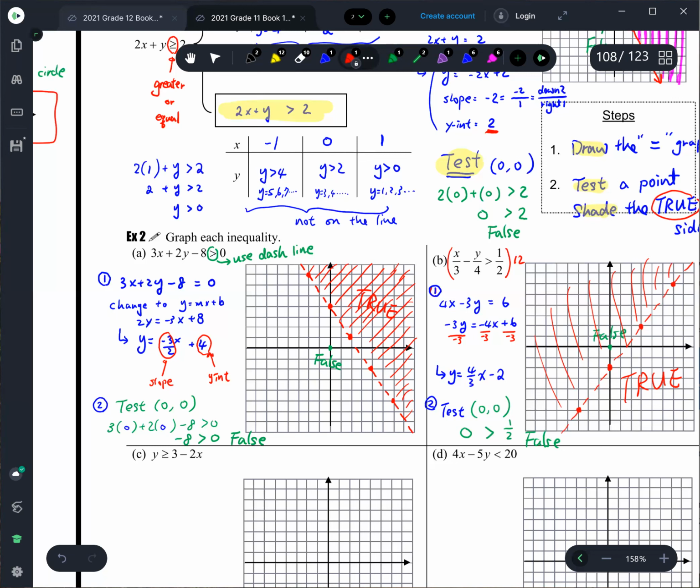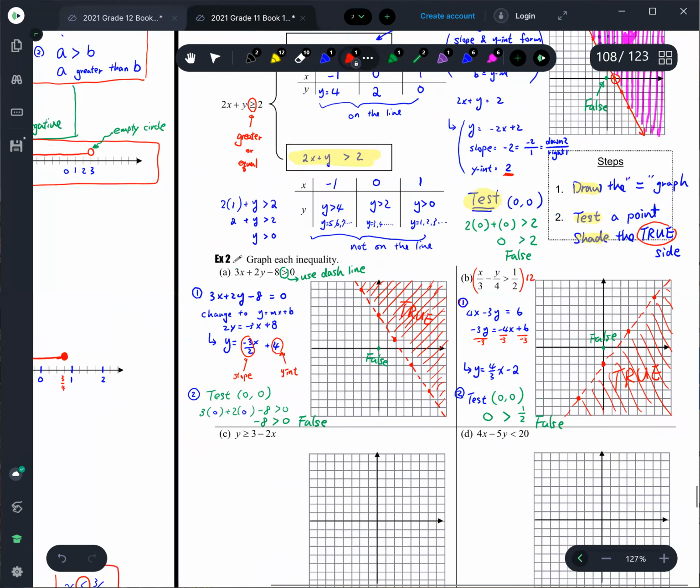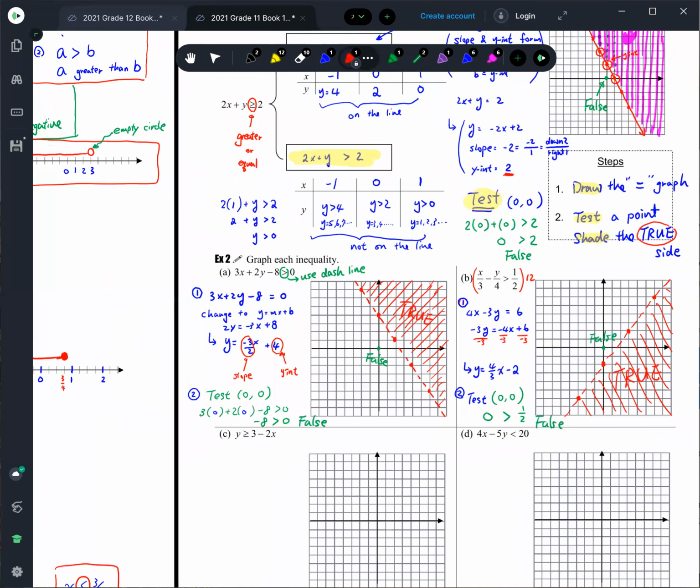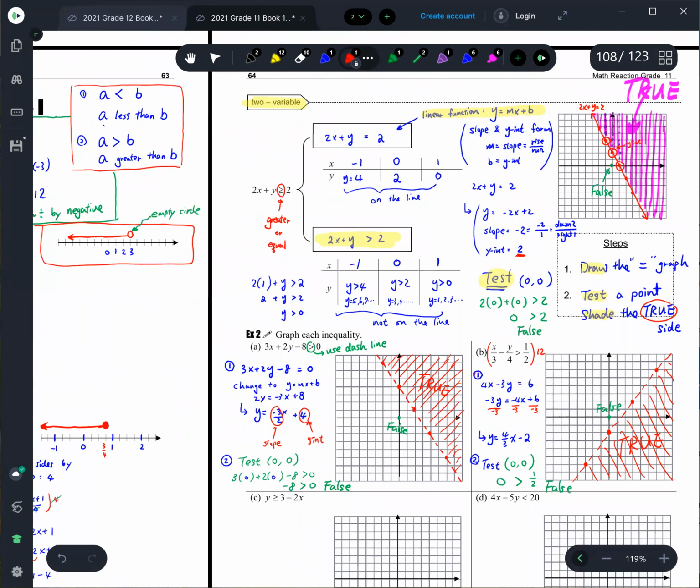But because it's false, you have to shade the other side, because your answer is always to shade the true side. I hope that's clear. So if the question has an equal, make sure it's solid line like the example on the top. If it's no equal, use dashed line.